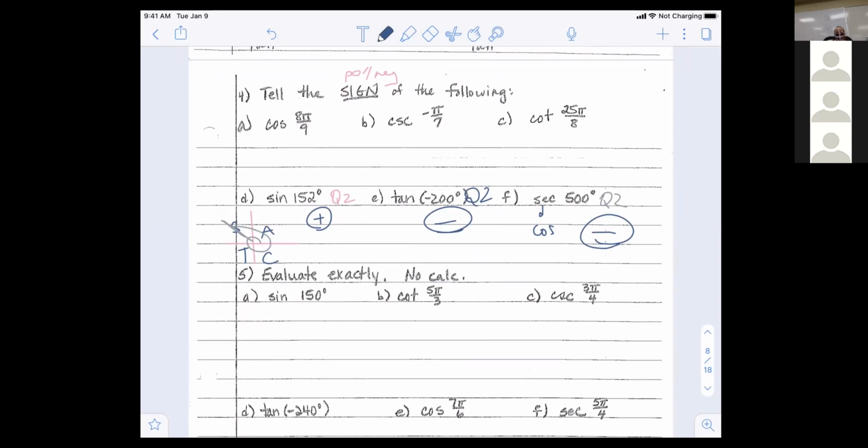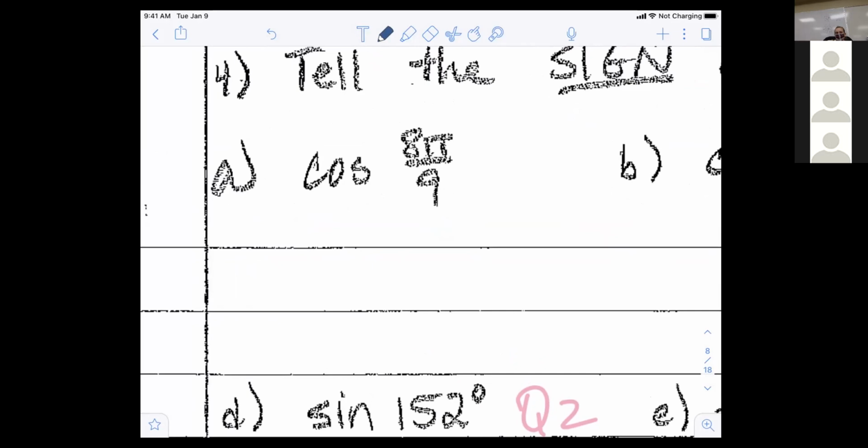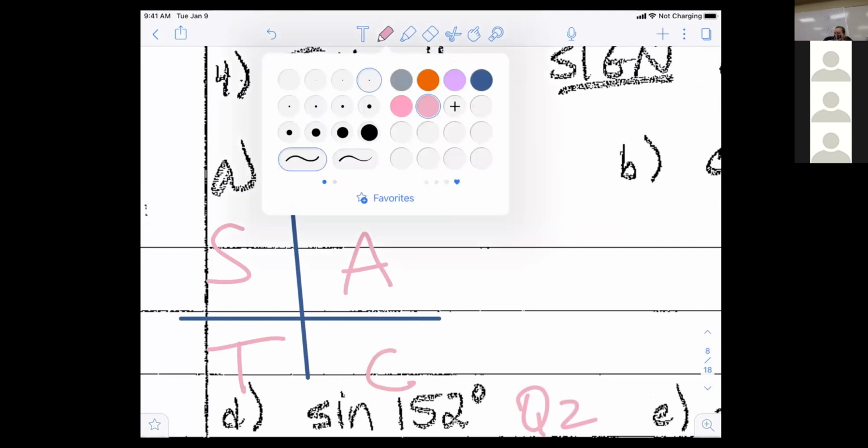Are we okay with that? Okay, we're going to do the exact same thing now with our radians. The radians don't make any difference, just sometimes we're a little less comfortable. But again, I'm just going to identify the quadrant and then decide whether it's positive or negative based on All Students Take Calculus. So cosine of 8 pi over 9. What quadrant should that be in? It's not 4.